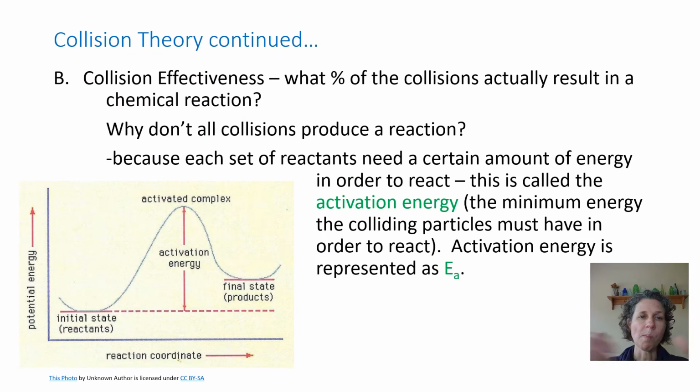energy. Okay, so now the next part of the collision theory, collision effectiveness. So things collide. Now, what's the chance that they actually will result in a chemical reaction? Because not all collisions do produce a reaction. That goes back to what we just said, the activation energy. And so you have to get to a certain amount of energy, and it's the minimum energy that the particles need in order to keep going to react.